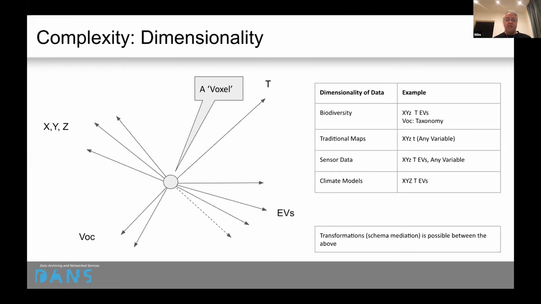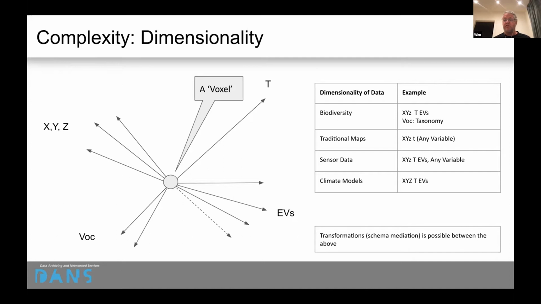And then at the bottom, we have a combination of vocabularies that adds to the dimensionality of the data. So these might be taxonomy, for argument's sake, when it comes to describing biodiversity and species data. And increasingly, the Earth and environmental observation community is working towards sets of essential variables, as they call them.